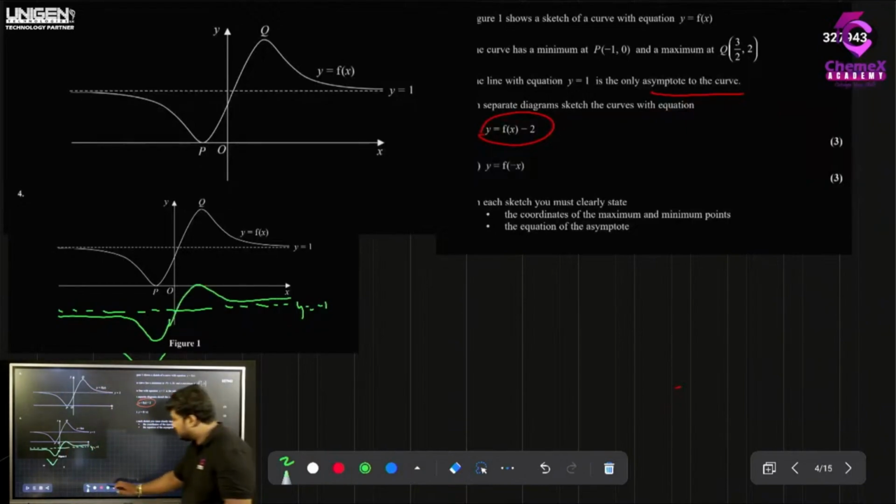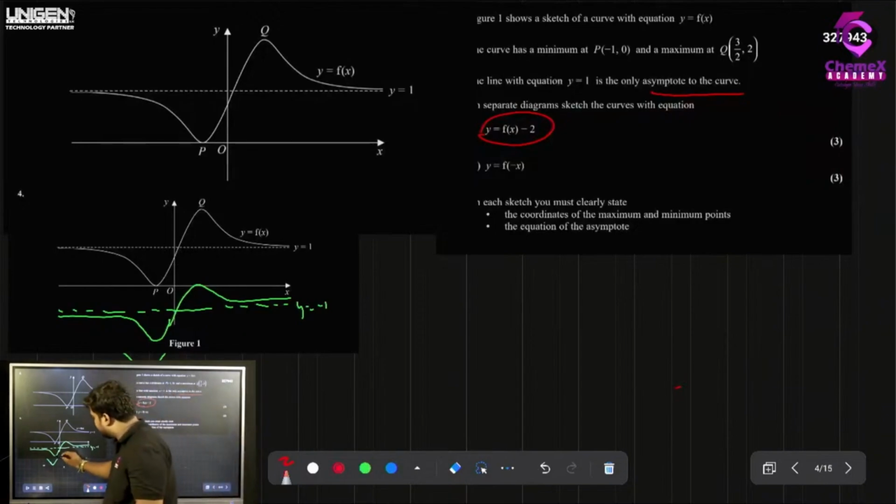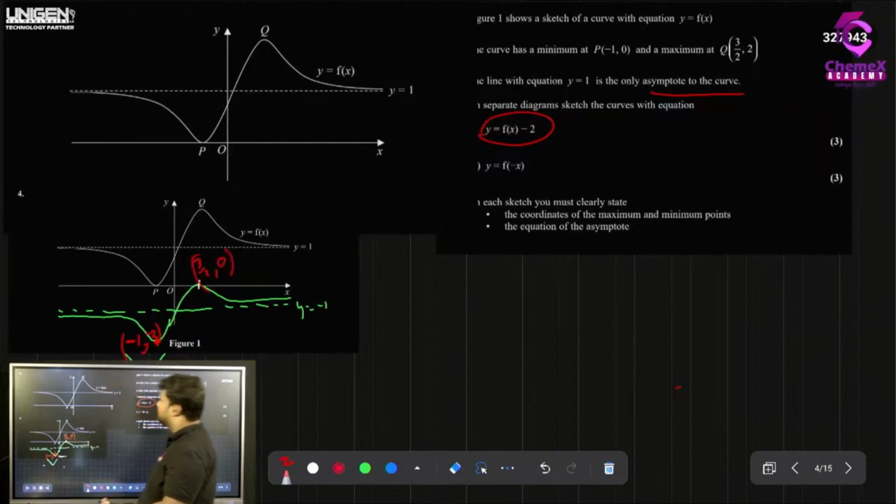So these coordinates we have marked. So where is this coordinate? Where is it? (-1, -2), right? x doesn't change, no? So (-1, -2). Where is this? It's gonna be (3/2, 0). You understand or no?